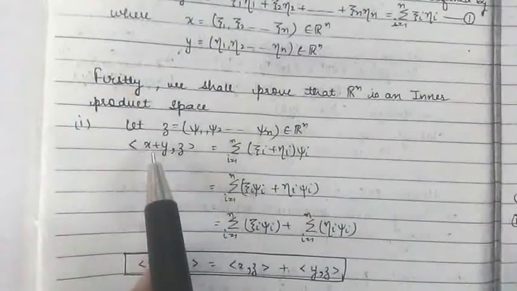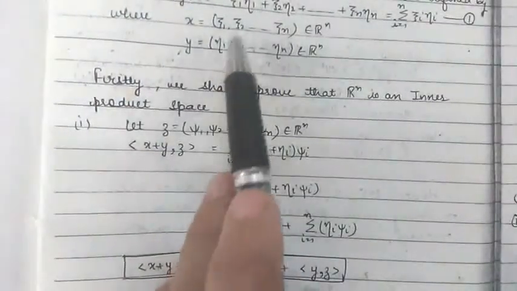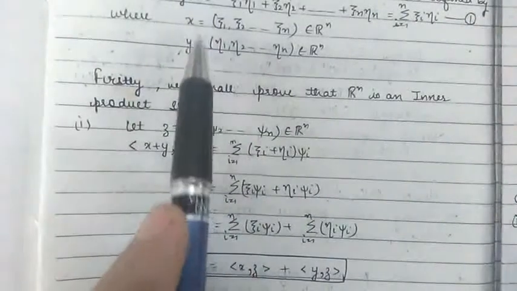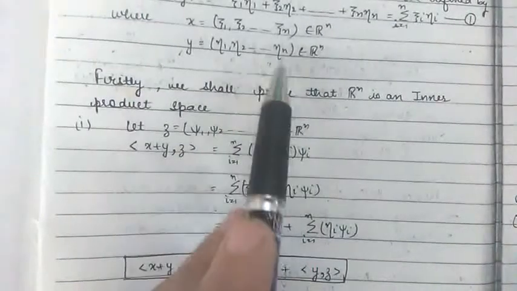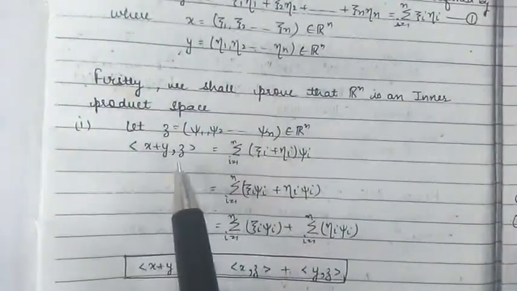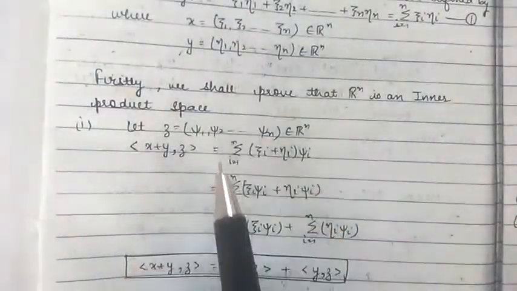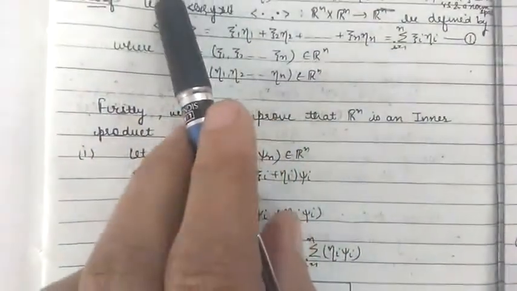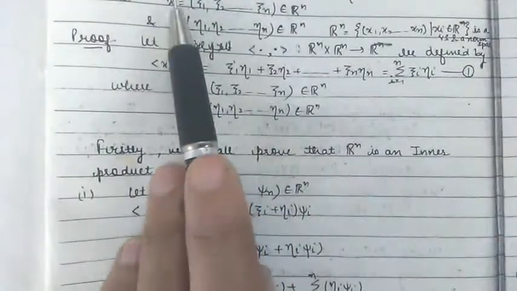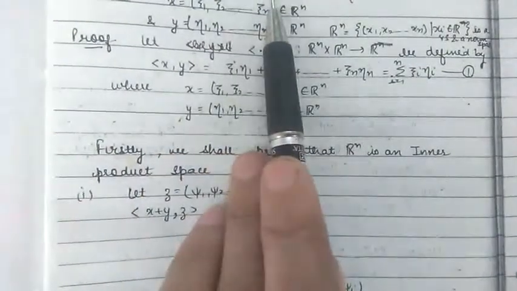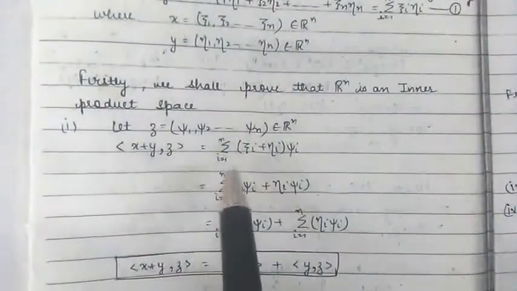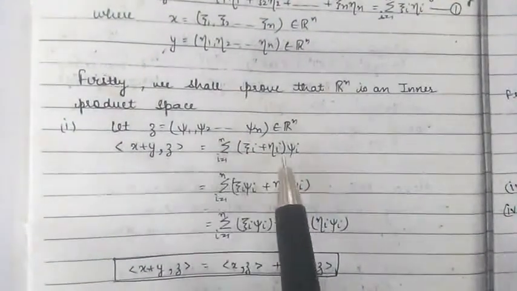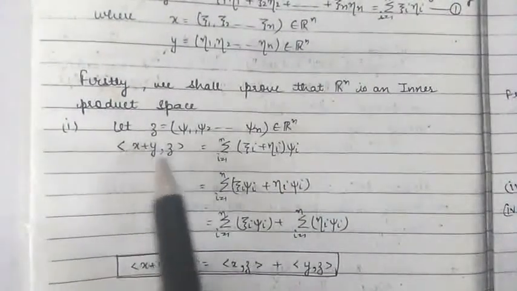Now let us find the inner product of x plus y with z. Substituting the value, x plus y means coordinate-wise addition: xi1 plus eta1, xi2 plus eta2, xi3 plus eta3 and so on, xi n plus eta n. Now this is x plus y and z is this. By using the definition of inner product which we have defined, we get the inner product of x plus y with z equal to the sum of the products of the coordinates of this vector and this vector.